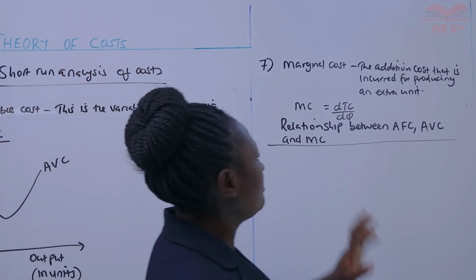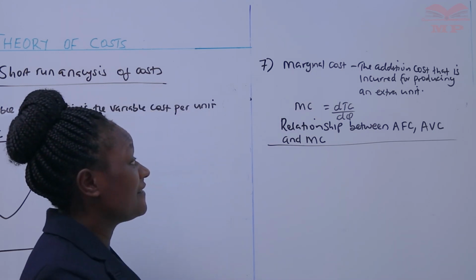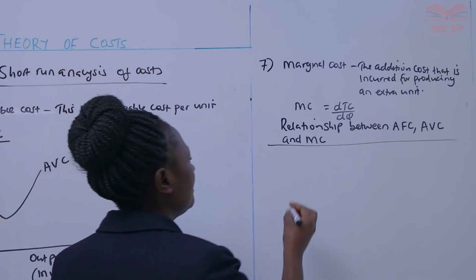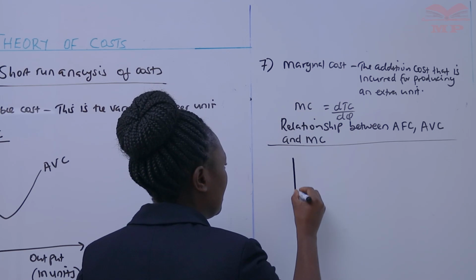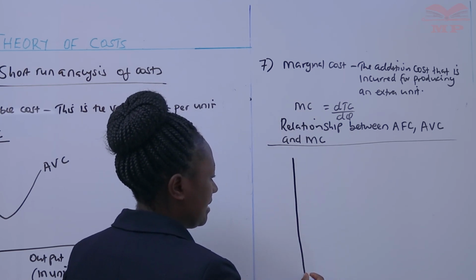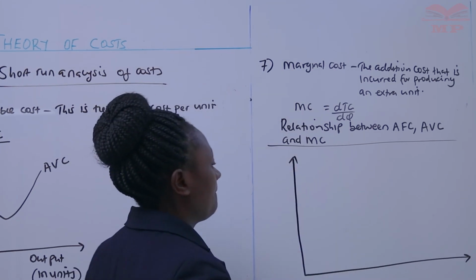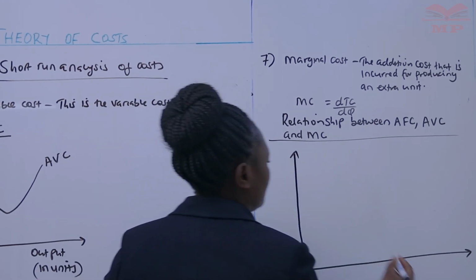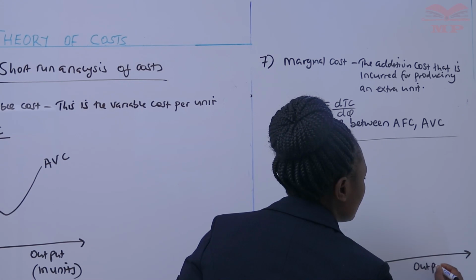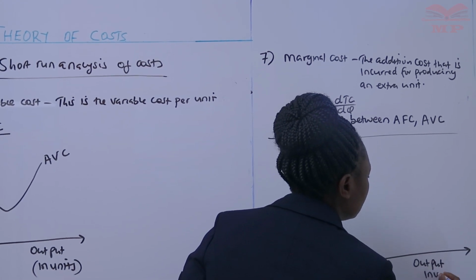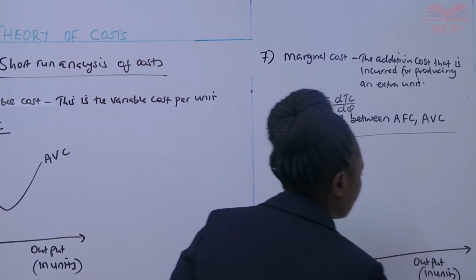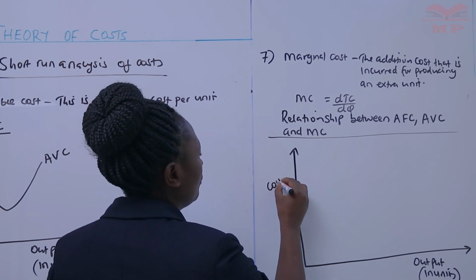So what is the relationship between average fixed cost, average variable cost, and marginal cost? I'll explain that using a diagram. So we have output, which is in units, and then we have costs.